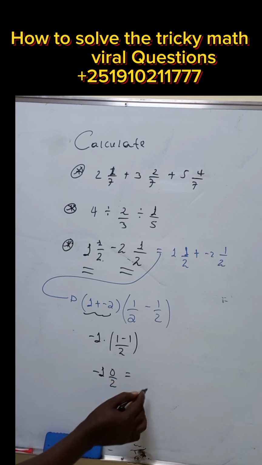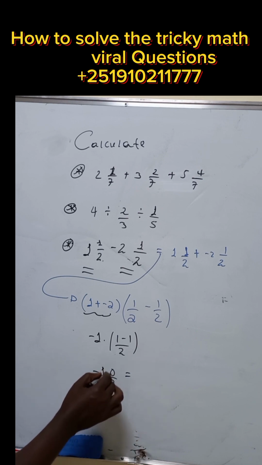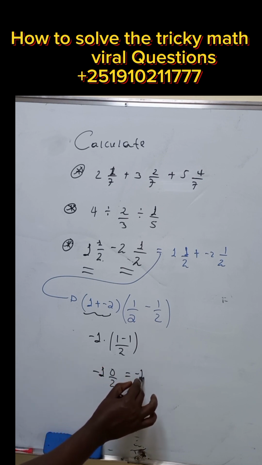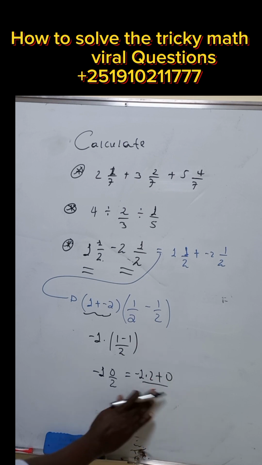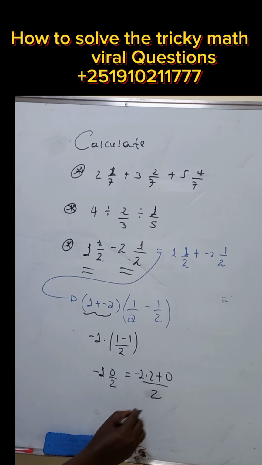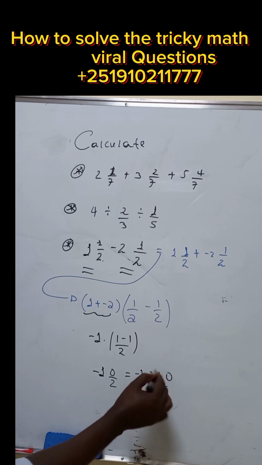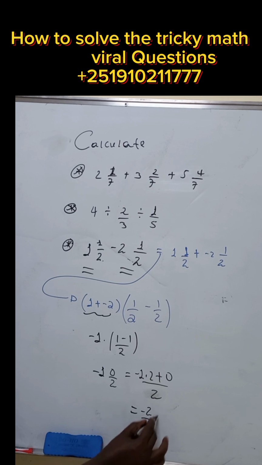Which is given by negative 1 whole 0 over 2, which means negative 1 times 2 plus 0 over 2. So this is immediately negative 1 times 2 is minus 2 plus 0 is minus 2 over 2, which is exactly negative 1.